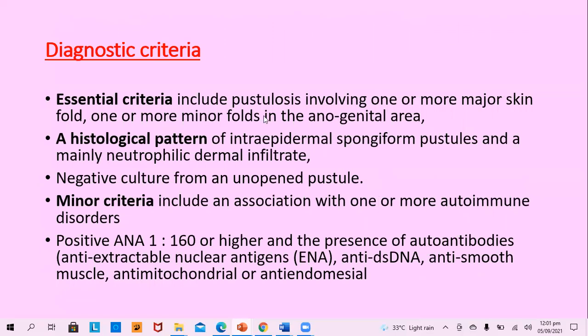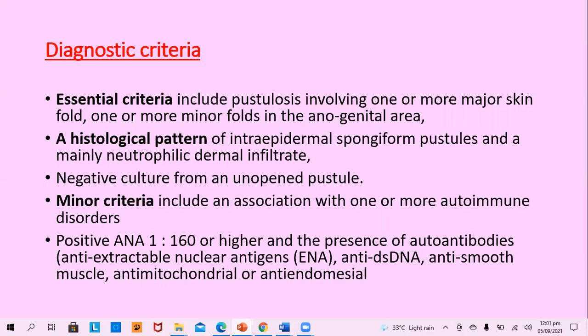Diagnostic criteria of amicrobial pustulosis: number one, pustules involving one or more major skin folds, and one or more minor folds in the anogenital area. And number two is the histological pattern of intraepidermal spongiotic pustules and mainly a neutrophilic dermal infiltrate and negative culture.